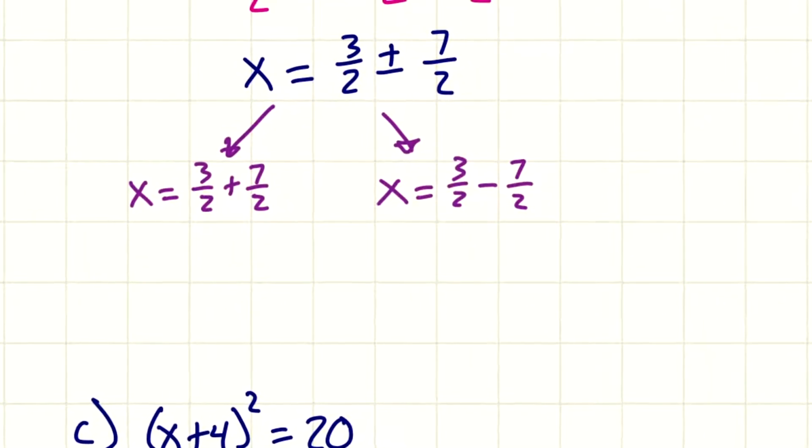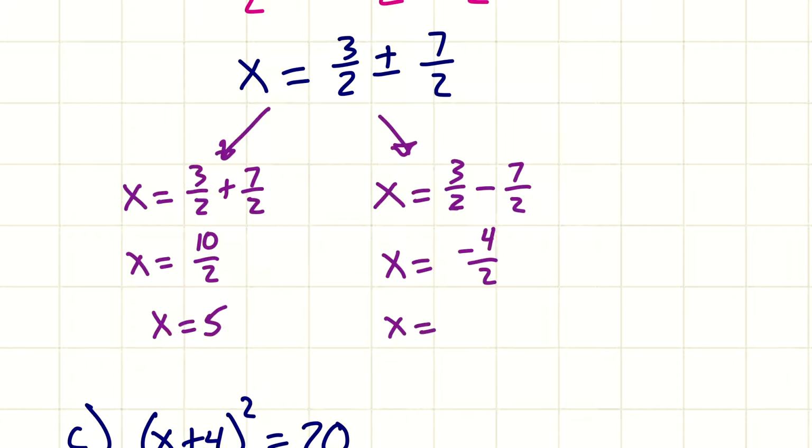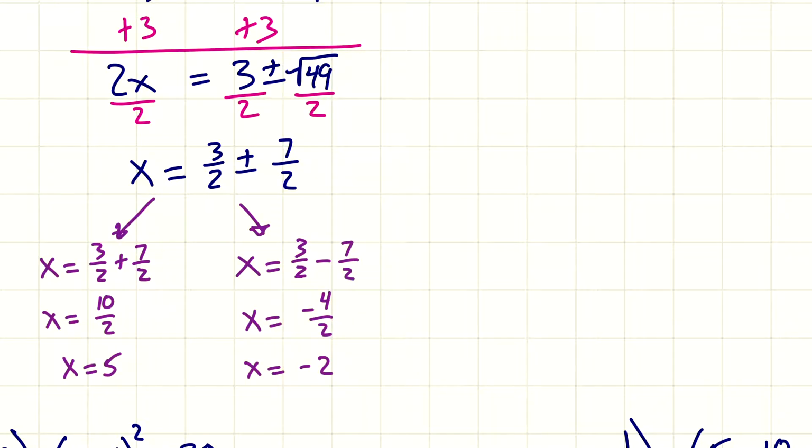I'm zooming in for now, but I'll zoom out in a second. Then we're going to combine these. 3 over 2 plus 7 over 2 is 10 over 2, which means x equals 5. And in this one, 3 minus 7 is negative 4 over 2, which reduces to negative 2. Two nice numbers. So this tells us we have two real solutions.